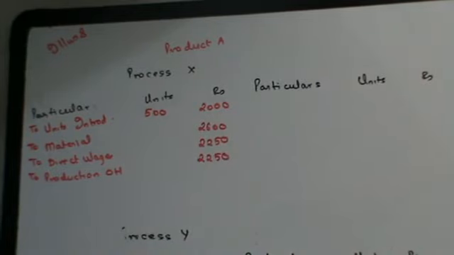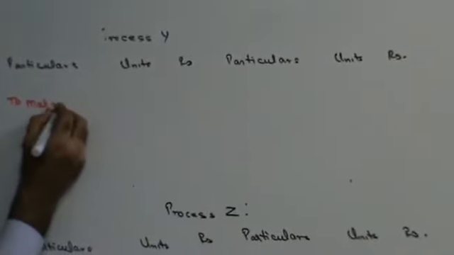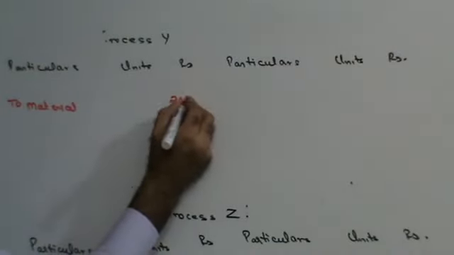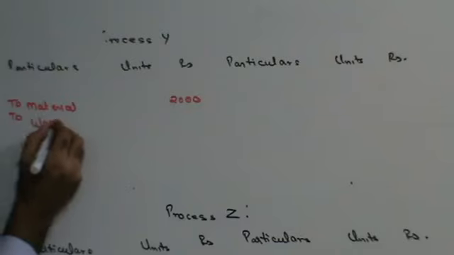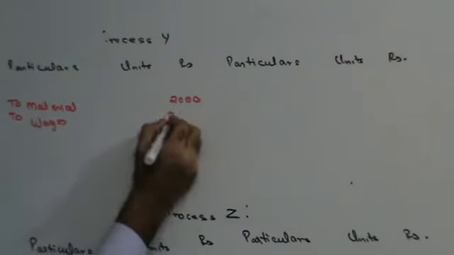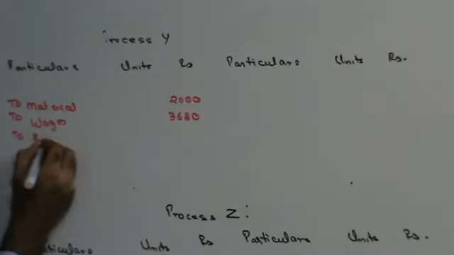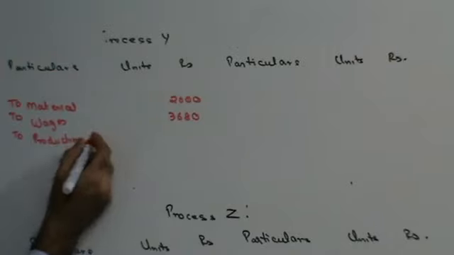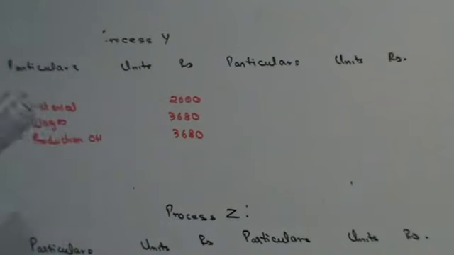Same way I can do for process Y. To material is 2000. To wages is given to you as 3680. To production overheads is 3680. Okay, now let's see this.